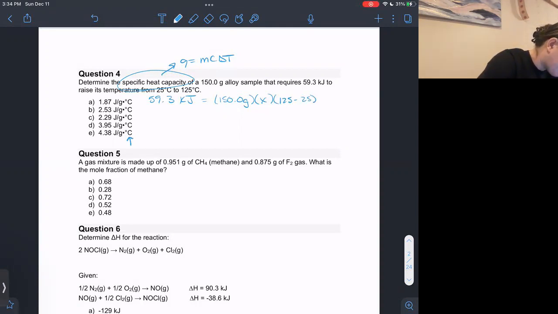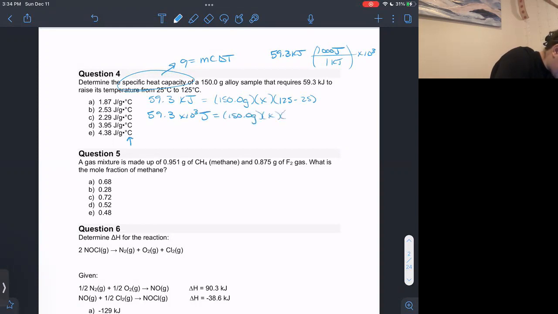So 59.3 kilojoules is just going to be times 10 to the 3. So this will be 59.3 times 10 to the 3 joules is going to be equal to 150 grams times X times 100 degrees Celsius.